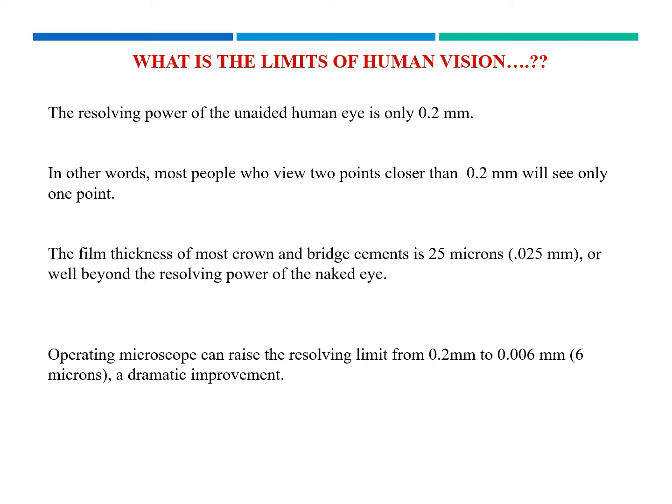In dentistry, the film thickness of most crown and bridge cements is 25 microns, that is 0.025 mm, which is well beyond the resolving power of the naked eye. An operating microscope can raise the resolving limit from 0.2 mm to 0.006 mm, which is a dramatic improvement.